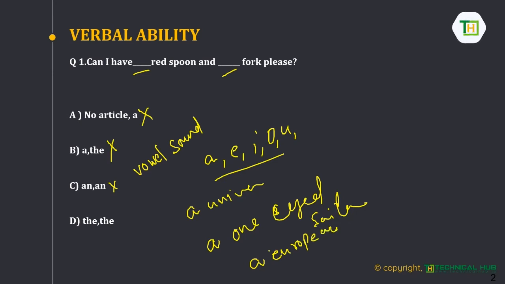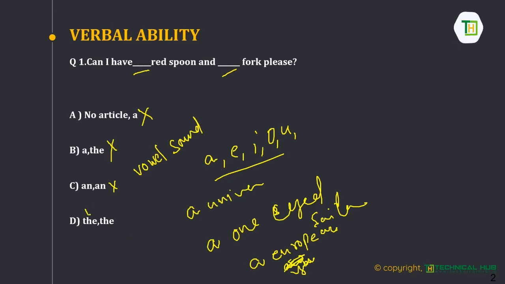So actually, what does it sound like? This sounds like your native ya sound, that means y sound, ya or yu like that. That sound would come like this, so that's why you should not use an. Well, the last option, let us see, the red spoon.